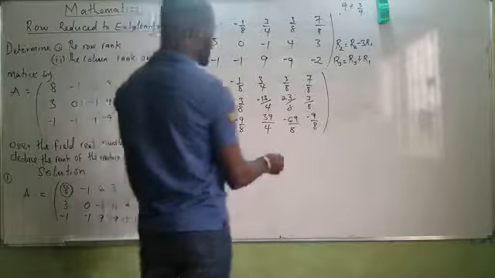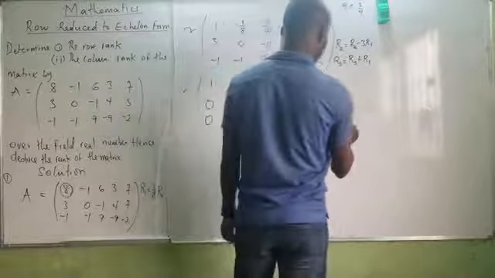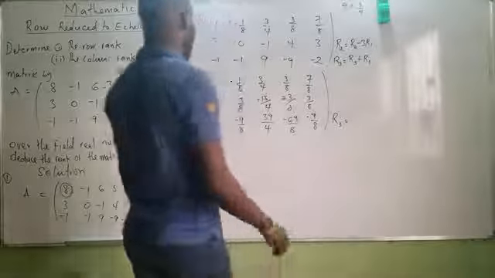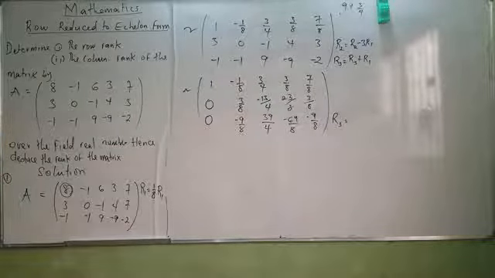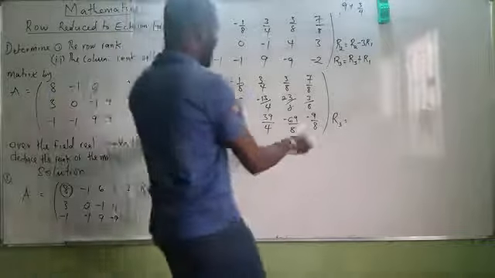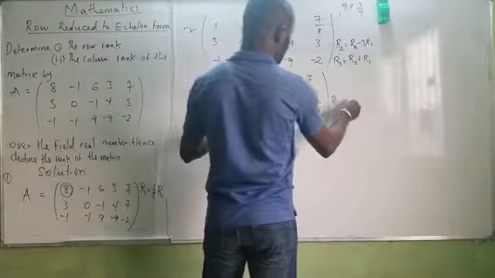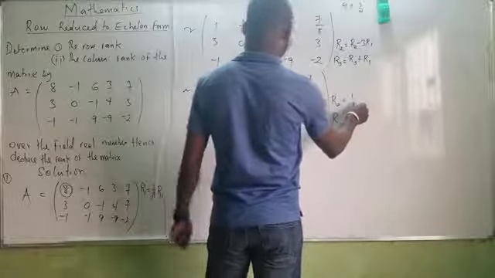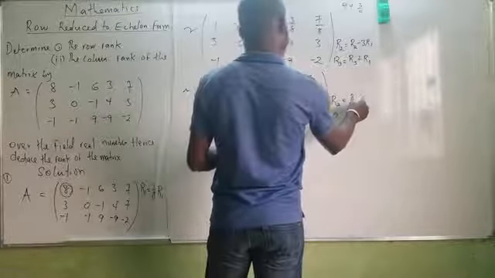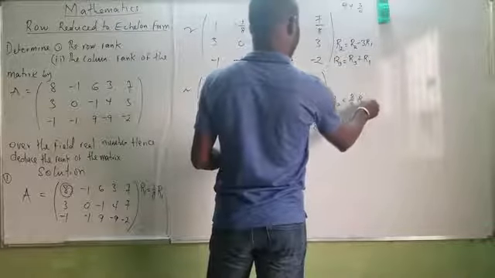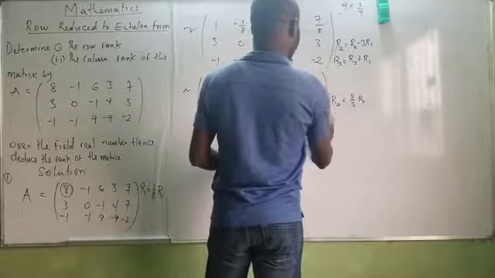Now, I can say what my row 3 will be equals to. What can I do to make my row 3 more okay for me? Before I move on, I can say that my row 2 equals to 1 all over 8 all over 3, row 2.